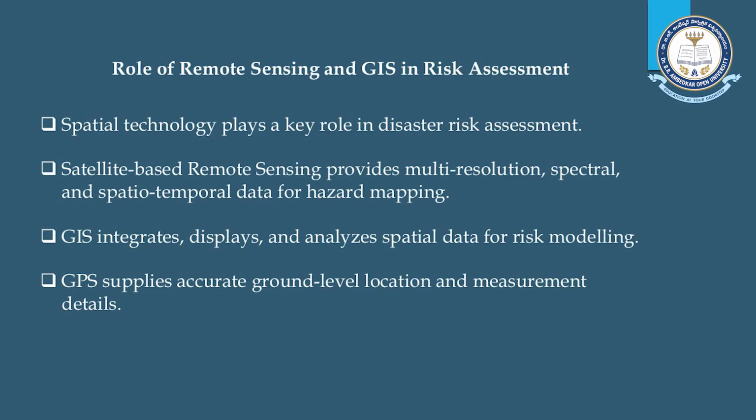Now, satellite based remote sensing and GIS techniques are widely used for scientific risk assessment. These technologies allow mapping of hazard zones. So a number of hazard zone maps are created by using remote sensing, GIS and GPS, along with analysis of exposure and vulnerability, and integration of multiple spatial data sets.